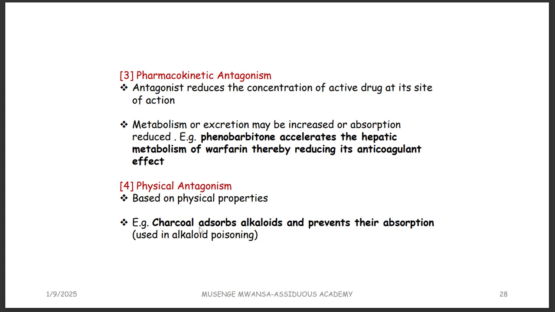So if someone is poisoned with alkaloids, you can give charcoal and it will bind the alkaloids so that they are not absorbed from the body. So that is physical antagonism, and this is the work of charcoal.